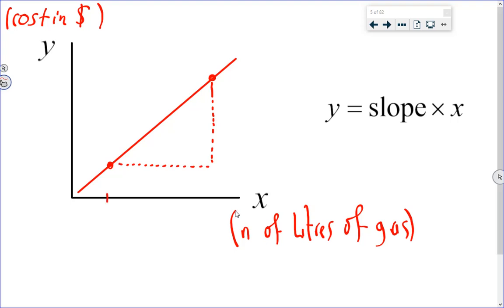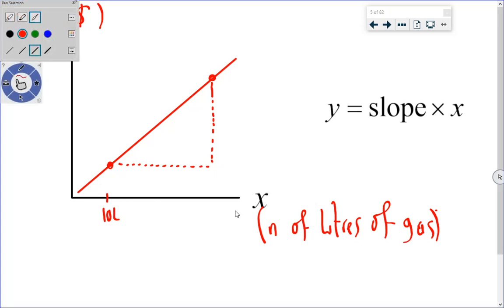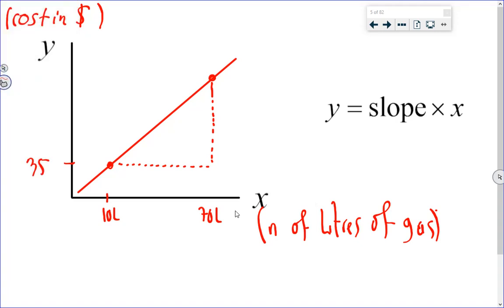And I'm going to say that this is 10 liters. And this is 70 liters. This is $35.